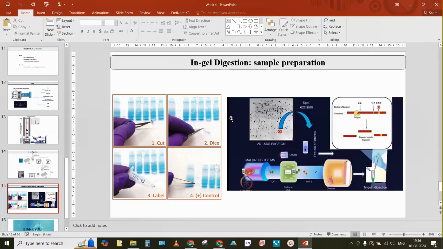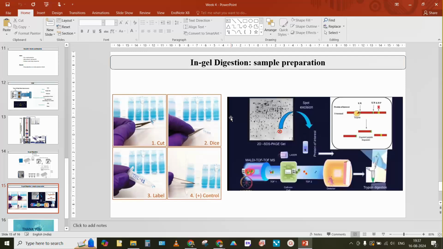Let's talk about how to prepare the sample. We'll discuss these steps in more detail. The first part will be in-gel digestion. The mass spectrometric identification of the target protein greatly depends on the efficacy of the in-gel digestion process, which generates a mixture of peptides from the target protein through proteolytic digestion.